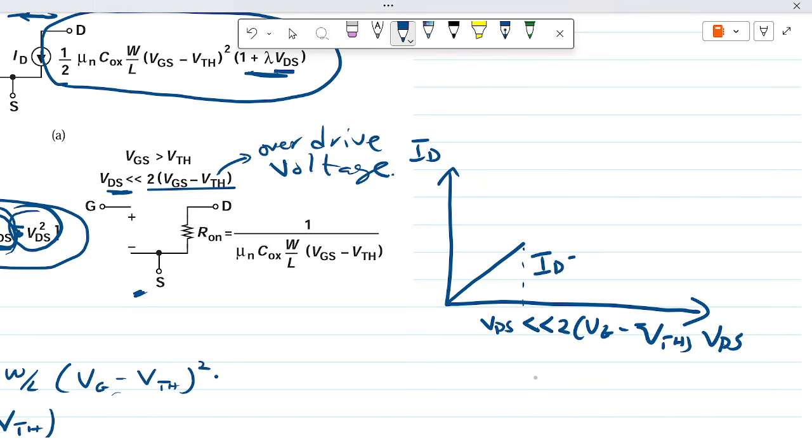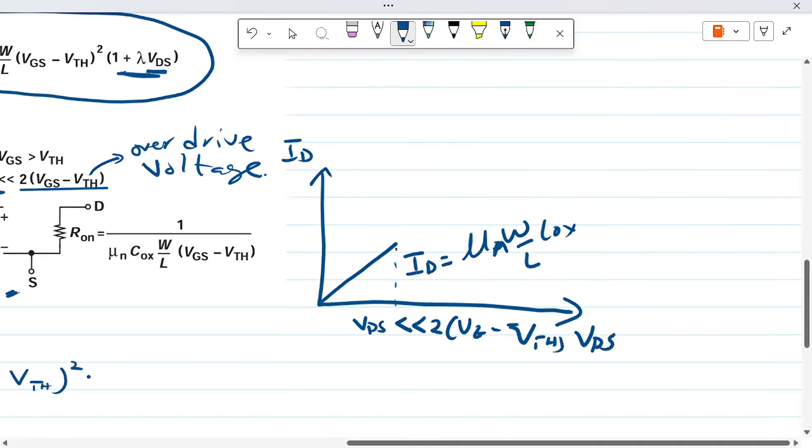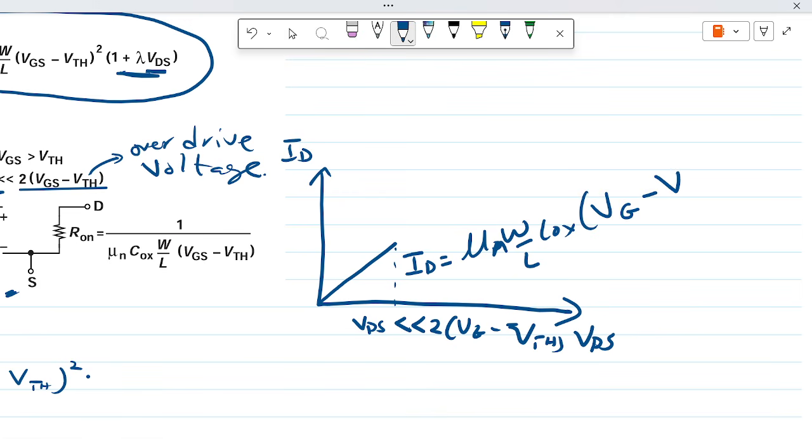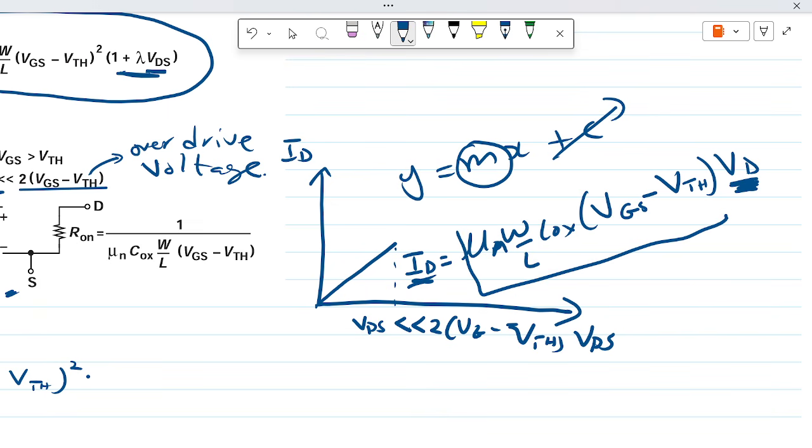We can approximate the original equation and take the linear part, which goes like mu n Cox W over L times (VGS minus VTH) VDS. Comparing to y equals mx plus c, since we start from 0, the constant is gone, and the slope of the curve becomes this.